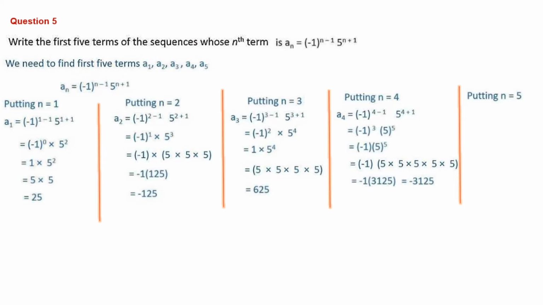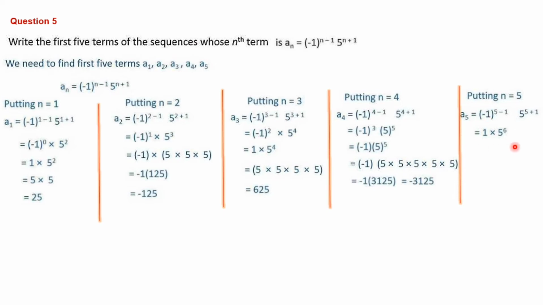The next is n is equal to 5. Because we are asked to find out the first 5 terms, replace n, put 5. That is minus 1 the whole power 5 minus 1 into 5 power 5 plus 1. Then minus 1 the whole power 5 minus 1 is 4. Minus 1 the whole power 4 is 1 into 5 power 6. Here I reduce the steps because the explanation for the first 4 steps was clear.